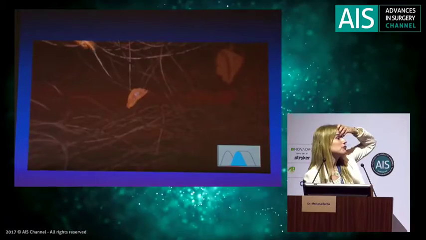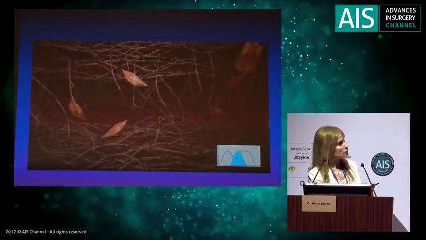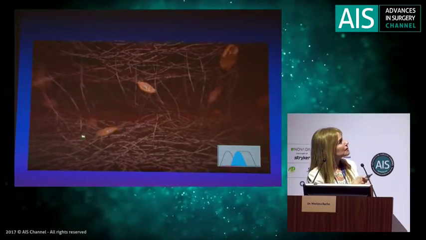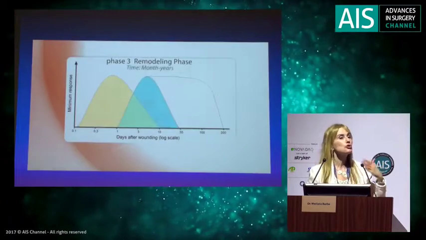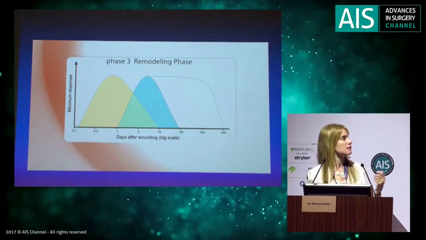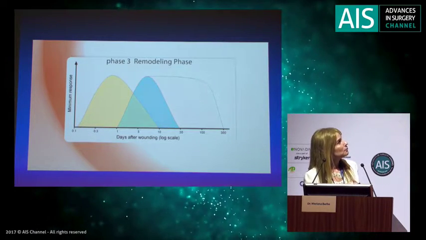Then we have the proliferative phase because we have to reconstitute what has been destroyed. So we have myofibroblasts and fibroblasts coming to the area of the wound to produce the connective tissue proteins. And finally, we have the remodeling phase.